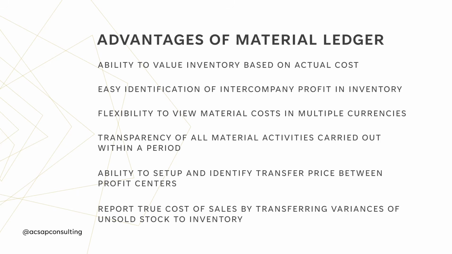All those variances can now be sent back onto the inventory, the unsold inventory, thereby realizing the actual cost of that material, and we are reporting a true cost of sale of that particular material or inventory. So that is one major advantage. We can actually see the true profit margins. We can see the true cost of manufacturing of that particular material by using material ledger.